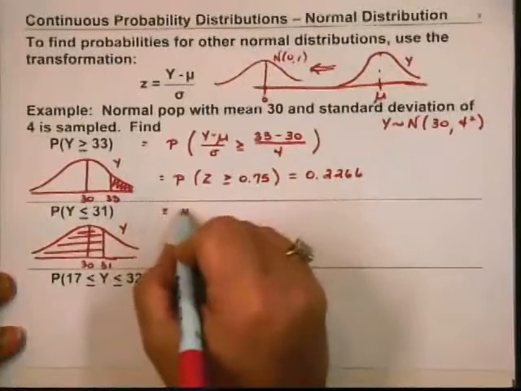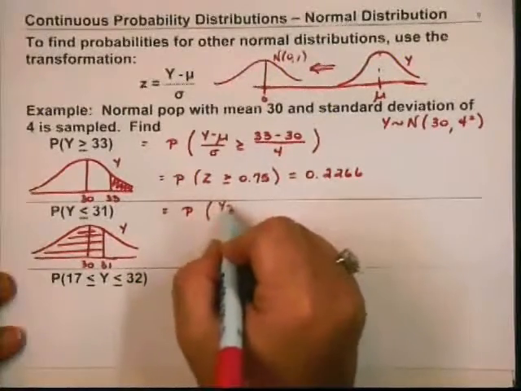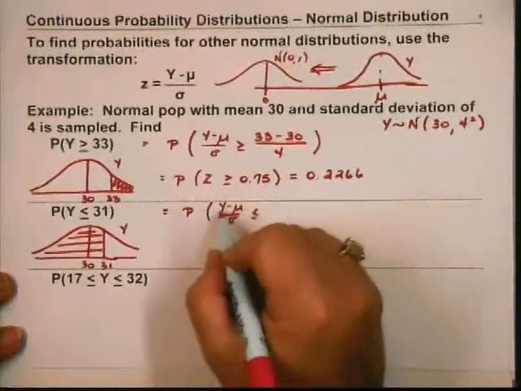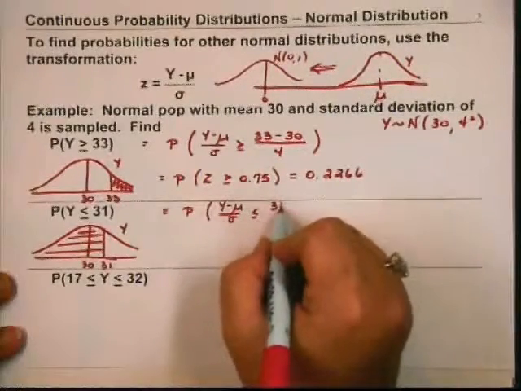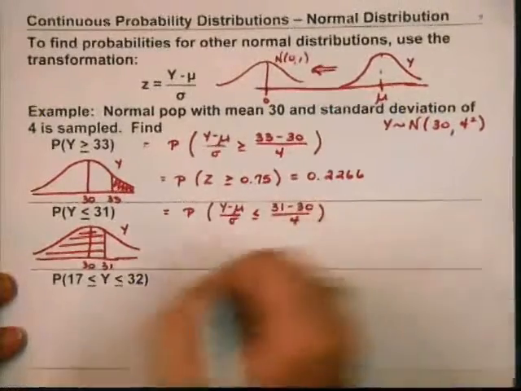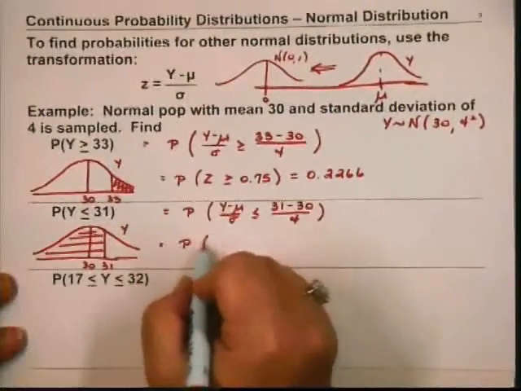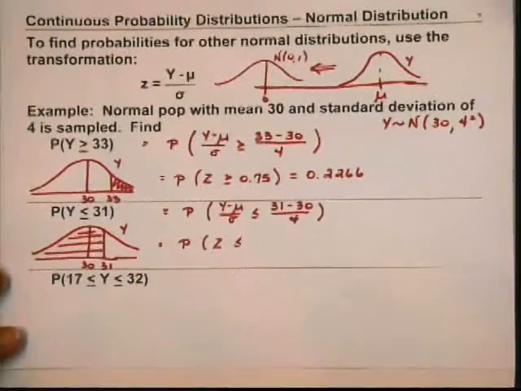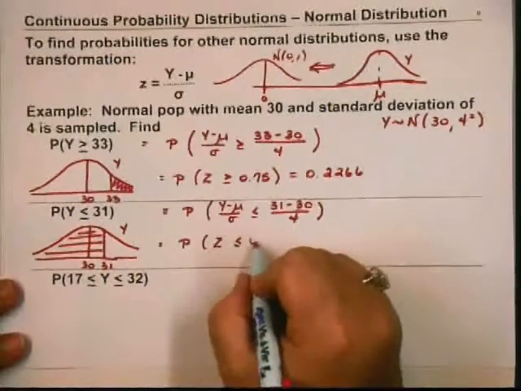So this would be the probability y minus mu over sigma less than or equal to 31 minus 30 over 4, where y is 31, mu is 30, sigma is 4. So we're looking for the probability of a standard normal score z being less than or equal to what? Positive 0.25 or 1/4.